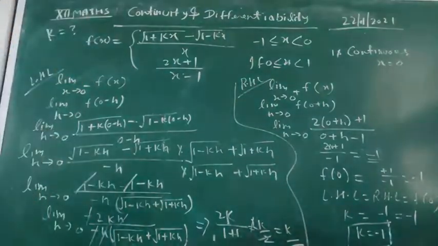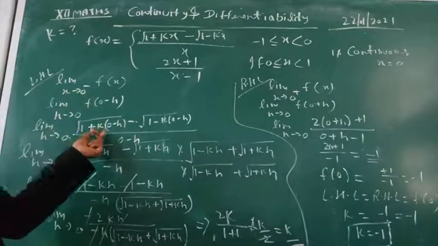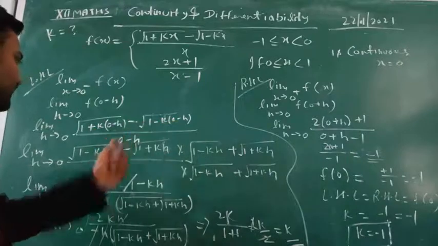So to find out the value of k student, we know the function is continuous, so it means that the left hand limit, right hand limit and value of the function are equal. So we find out the left hand limit first. So we are getting the expression with 0 minus h.